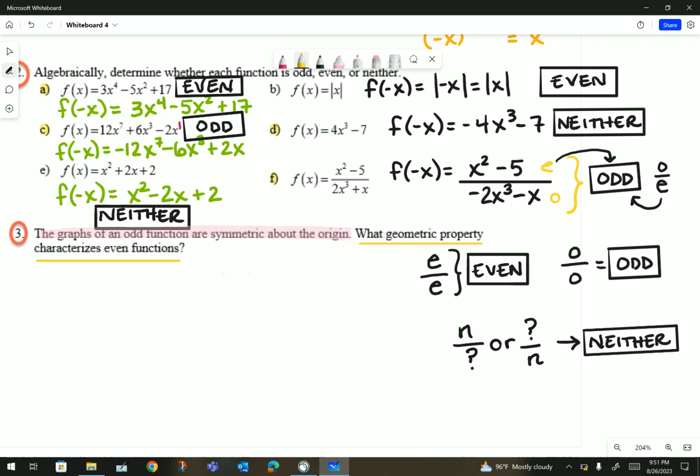So again, even functions are going to have symmetry about the y-axis, okay? So symmetry about the y. And don't forget that they have mirror images, okay? They will always have mirror images of one another.